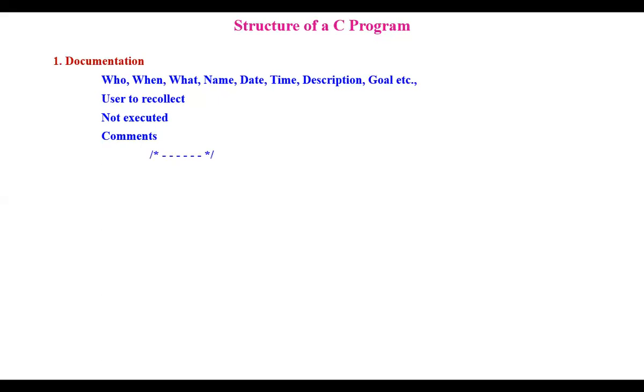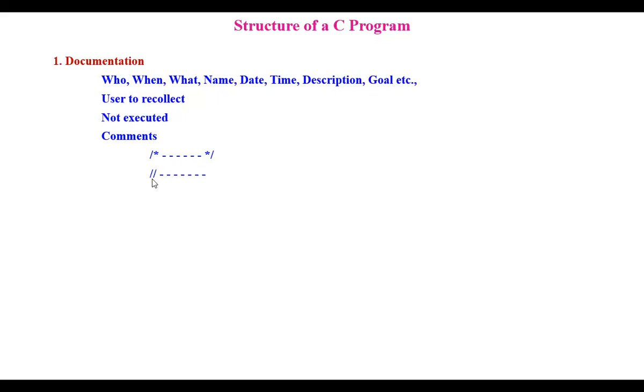You take a forward slash, star, and write whatever you want, and then a star and a forward slash. Whatever is written in between these two is not executed by the system. So to write these comments or documentation, we use this forward slash and star.